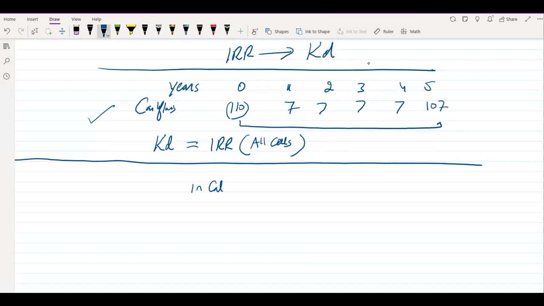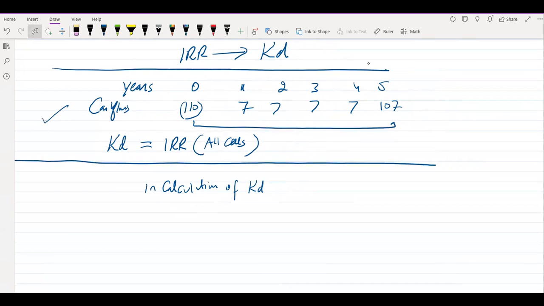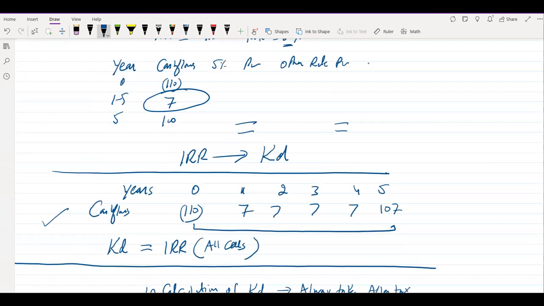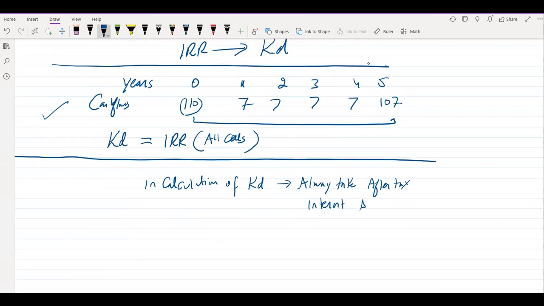In calculation of KD, always take after-tax interest, and calculate IRR.